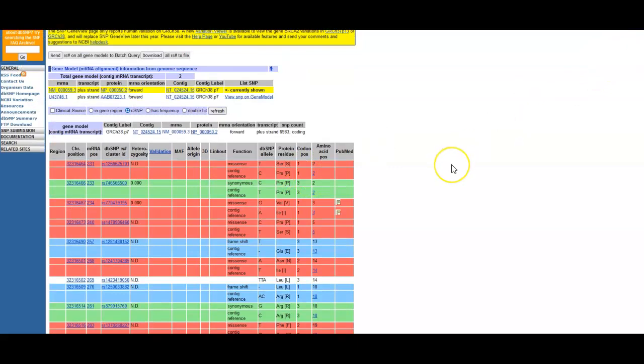Most of these have little to no effect, nor are they very, very common. Some of them do, and so some of those inherited SNPs can cause disease, and that's one of the ways that we can diagnose them, is through SNPs. So I just wanted to show you one of them to give you an idea about how we can find some of these different SNPs through one of the example databases.